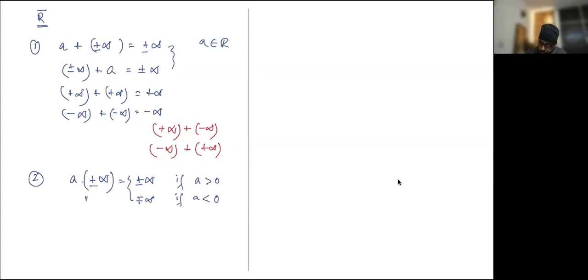And the same for the two coming in the opposite order. And what about this product? This is plus infinity, which is also this.